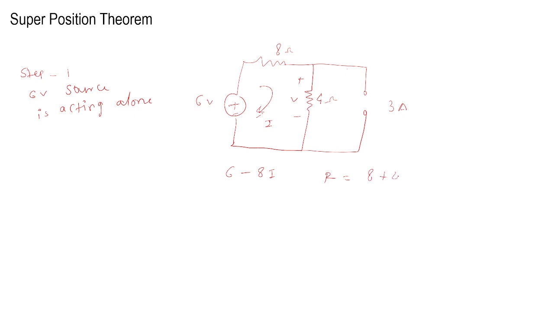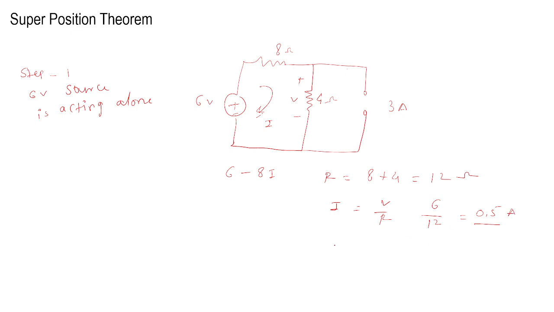So simply 8 plus 4 is equal to 12 ohm. So we all know the simple formula of Ohm's law, I is equal to V divided by R. Value of voltage is given, that is 6, and value of resistance that we have found, that is 12. 6 divided by 12, that is 0.5. So the current flowing in the circuit is 0.5 ampere.